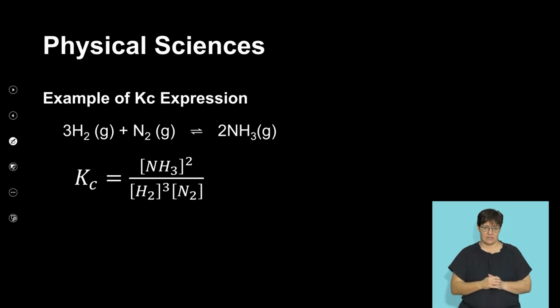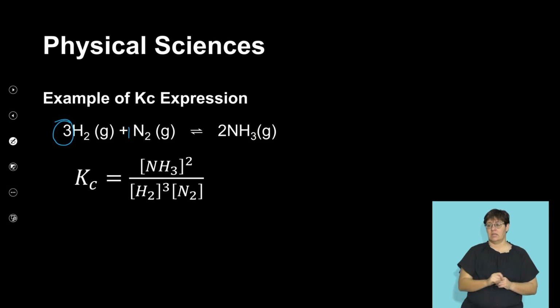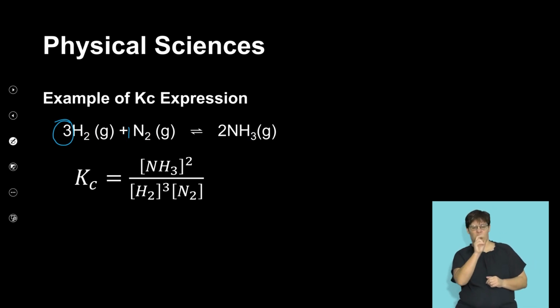So when we use the balanced reaction and do the ratio, or do Kc, we always put the products on top and the reactants at the bottom. Firstly, you need to see that there's a coefficient of 3 there, a coefficient of 1 that we do not have to write, and a coefficient of 2.